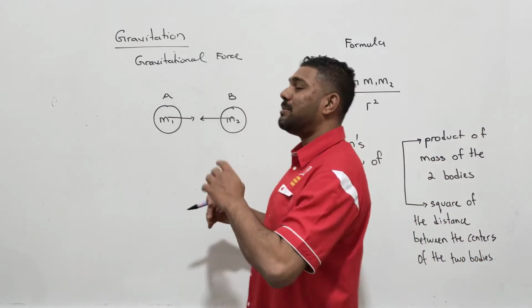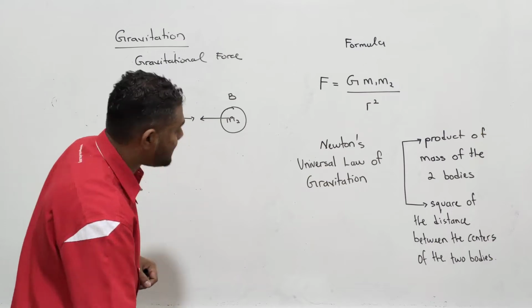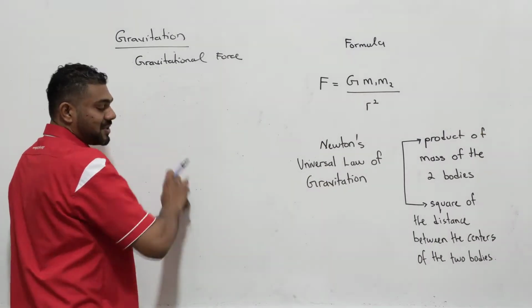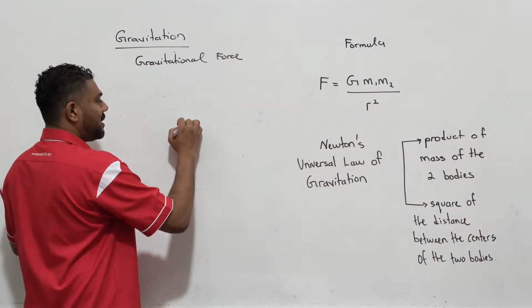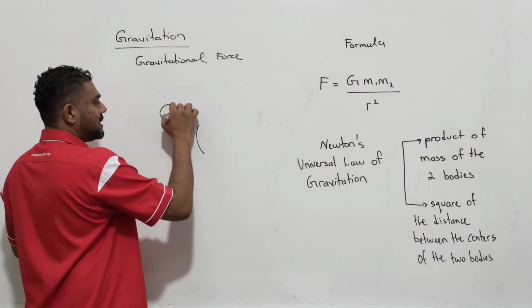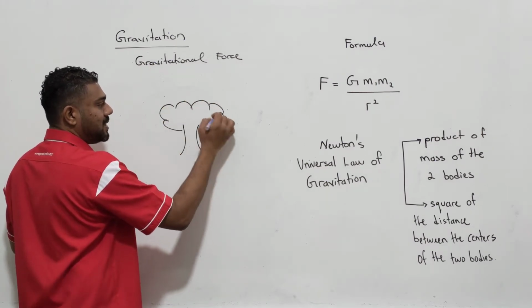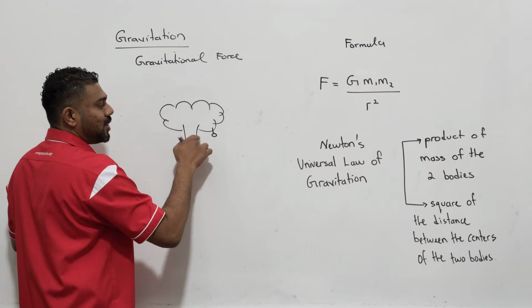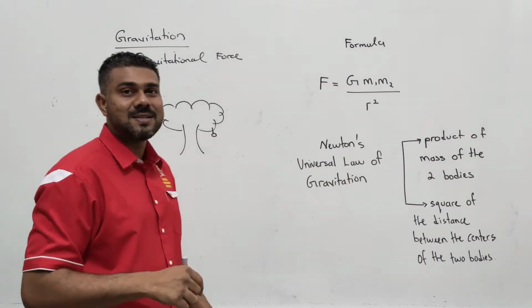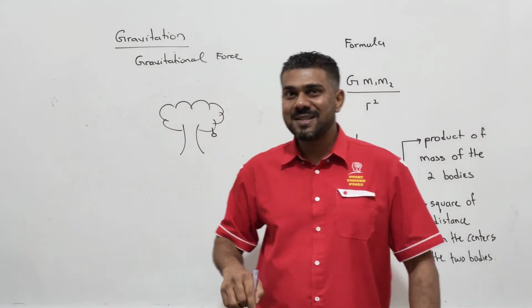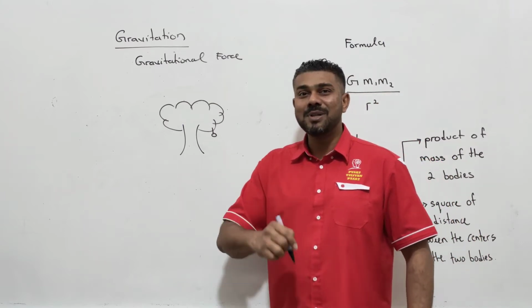Now, let me give you another example. Let's just say you have a tree. Normally when I ask my students what tree this is, I think you have the same answer in your mind. Most of them will just tell me it's an apple tree.